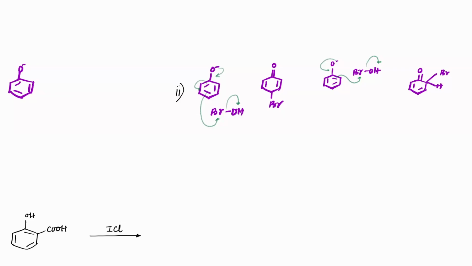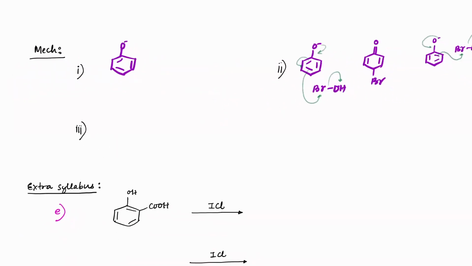So imagine this type of intermediate forming at multiple positions, correct? So you can have the intermediate at this position also. So once you get this double bond O with Br and H, OH minus will take the proton from here, and that minus charge will be pushed here, here, and here.